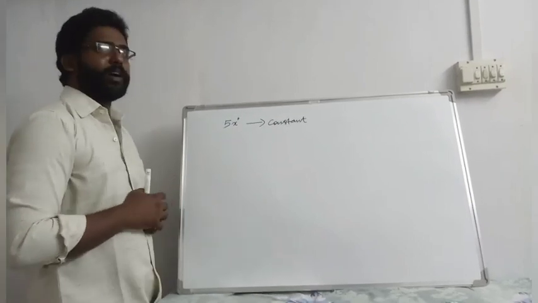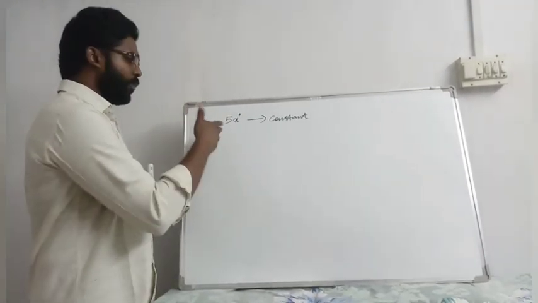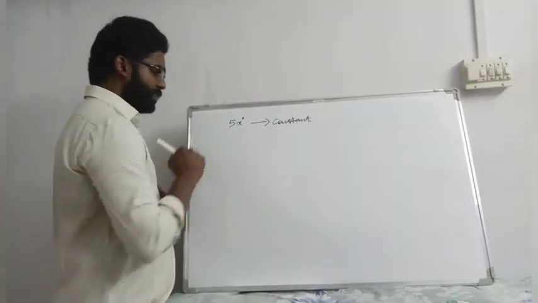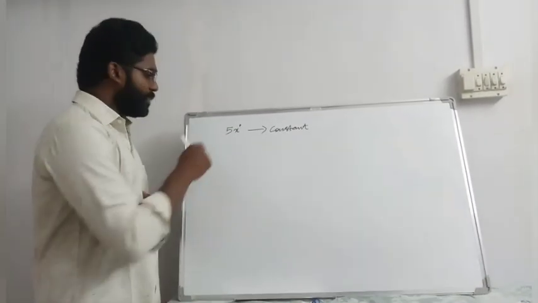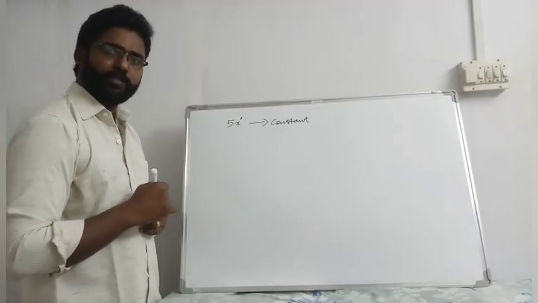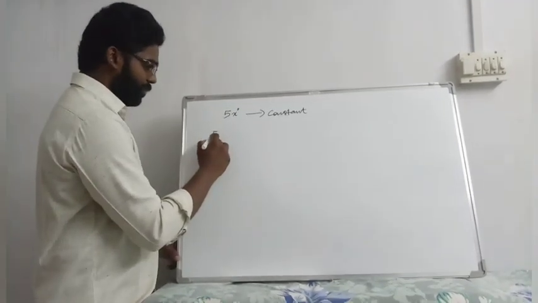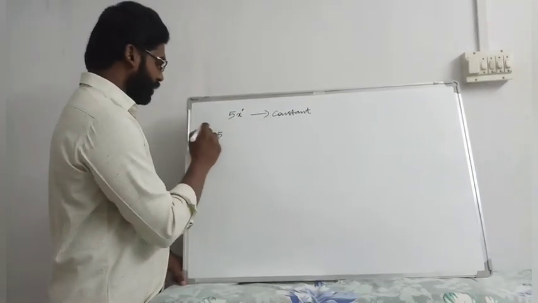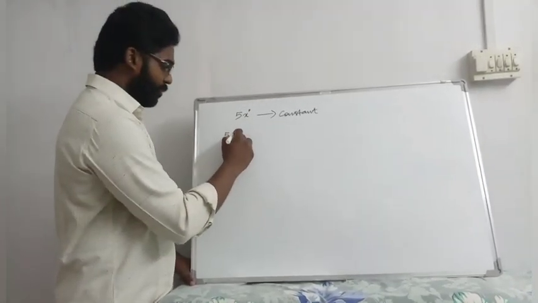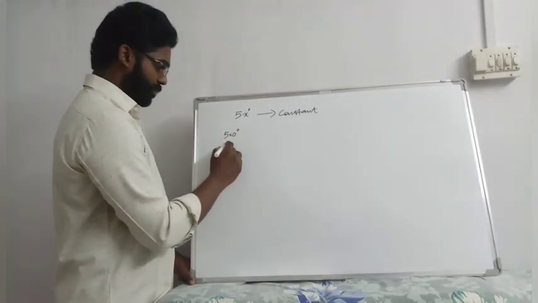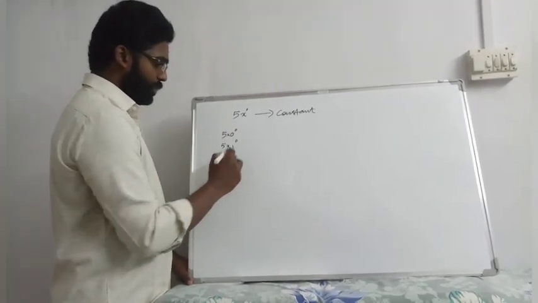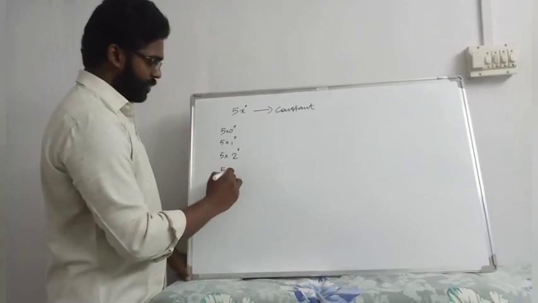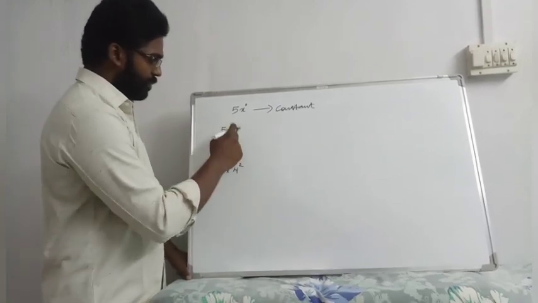You can find the zeros of this polynomial. Zeros of the polynomial means for what value of x this polynomial becomes 0. We can put some values for x. First we put x equal to 0: 5 into 0 raised to 0. Then 5 into 1 raised to 0, 5 into 2 raised to 0, 5 into 4 raised to 0.